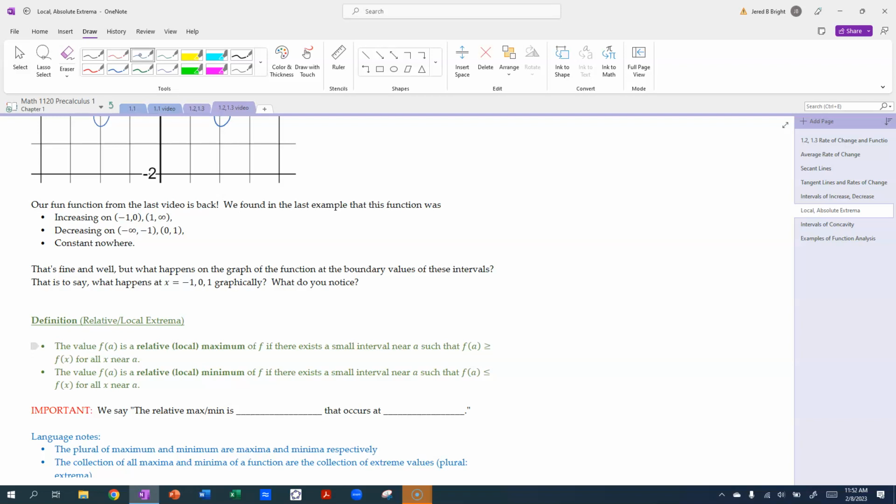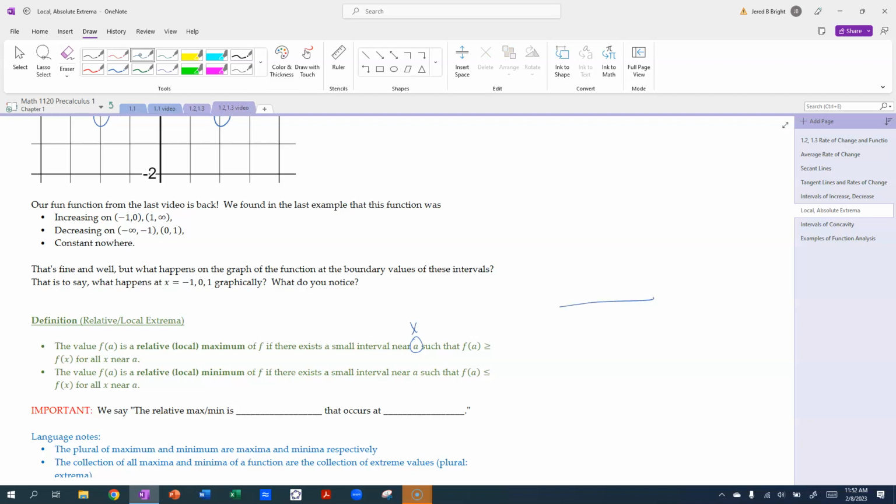But so specifically looking at a local maximum or relative, okay, those words are interchangeable. Use which one you like. I use local generally. So we say we have a local max if there is a small interval near a, so this is an x value.